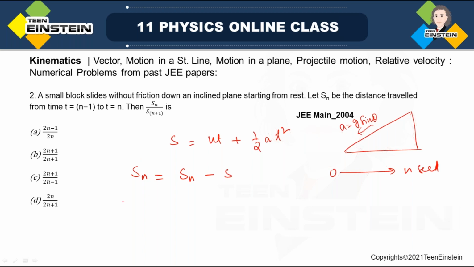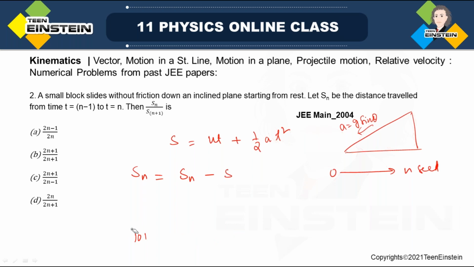Like if I write S5, that means the fifth second. That means at the fifth second, what is the distance traveled? If I say S10, that means at the 10th second, how much is the distance traveled? So this is the meaning of Sn.